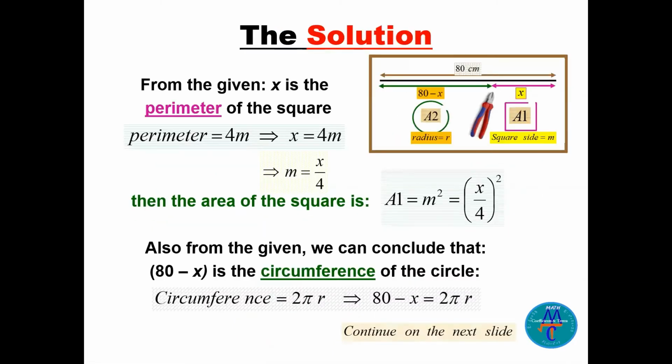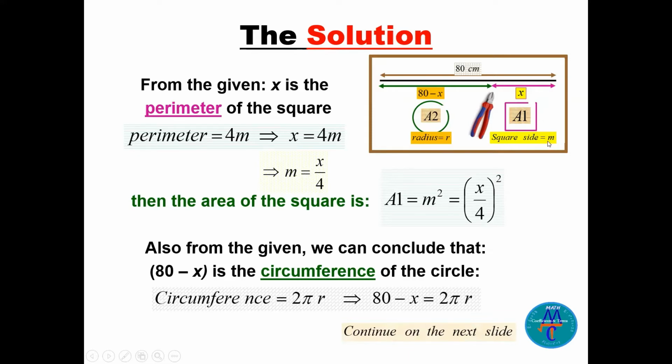Let's start the solution. So we have the diagram here. From the figure, the whole X, if we make a square, will be the perimeter of this square. And the perimeter of the square is 4m, where m is each square side.